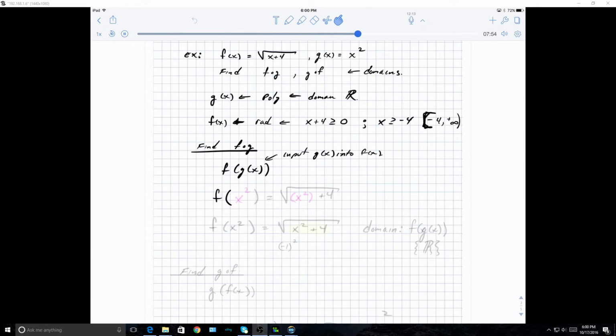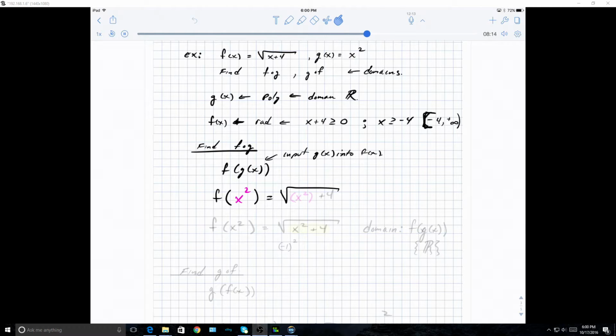So what that would look like here is f of g of x. Well, g of x is x squared. So when we put this in, wherever the x is, we're going to be placing an x squared.